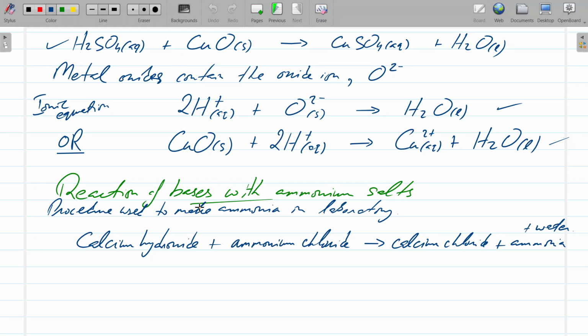So it's the second one, right? It's the second one, meaning we are getting the same elements as shown. This is the overall reaction.